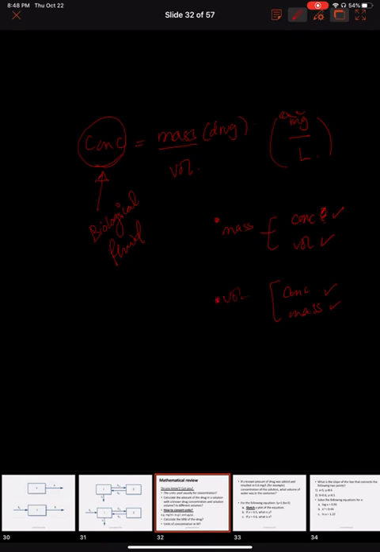If you have any two of those terms, can you determine the third one? Can you determine the concentration if you know the volume and the mass? For sure you can, because you have this equation, so you can determine any of those.